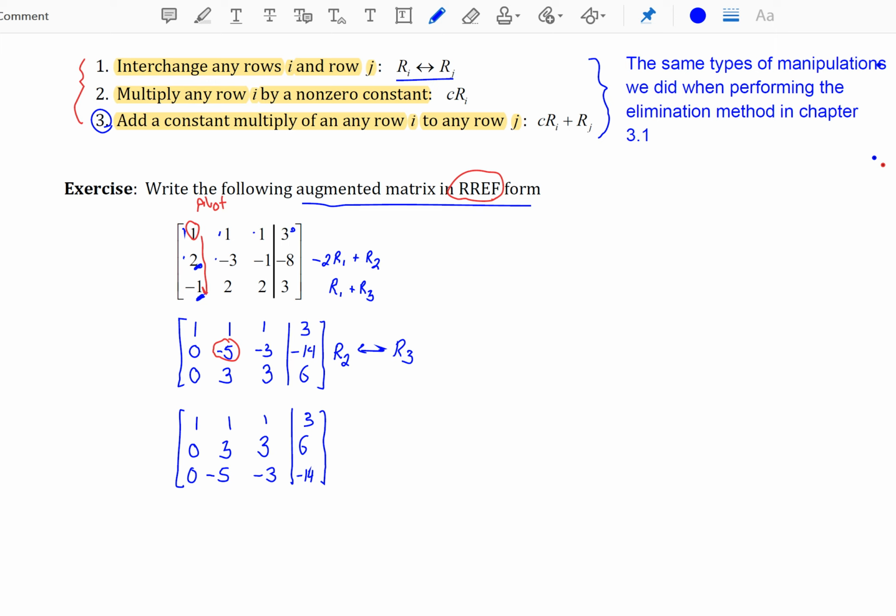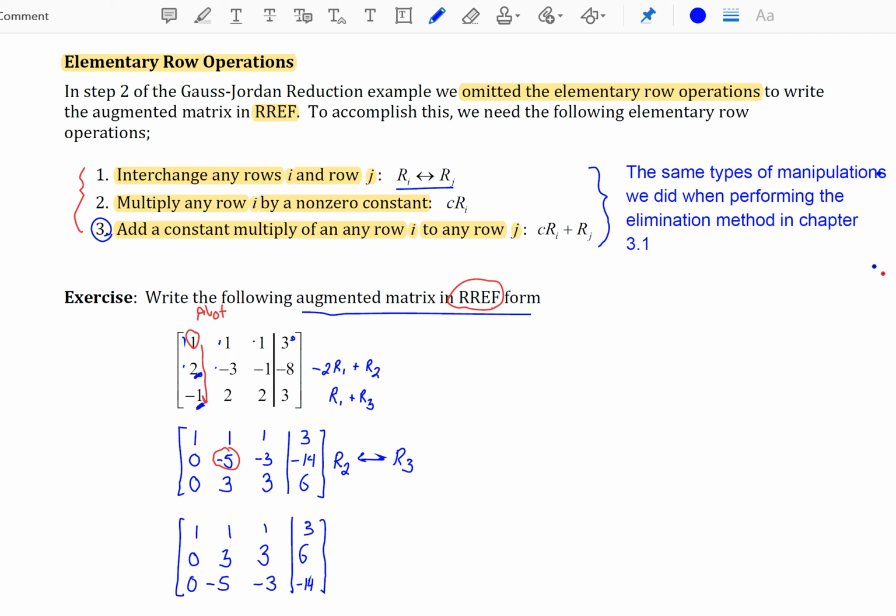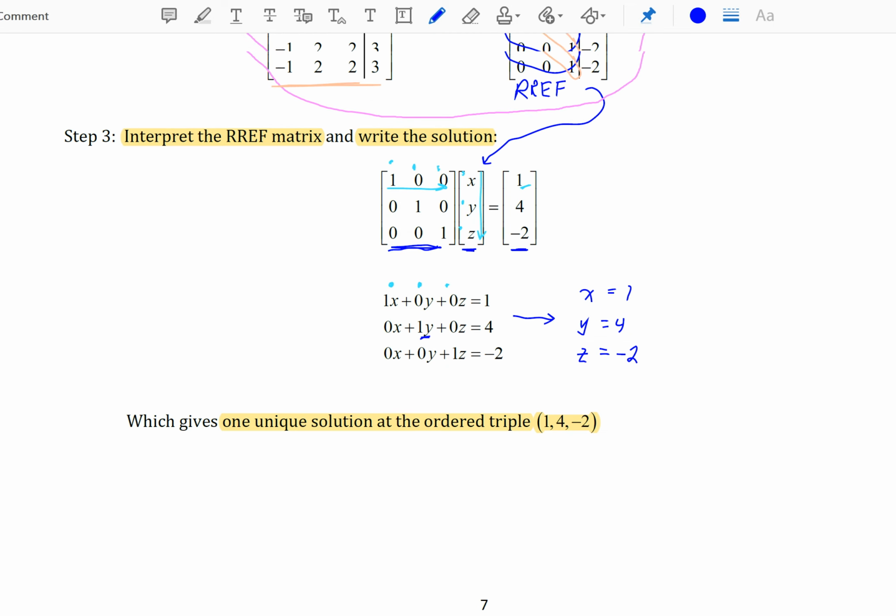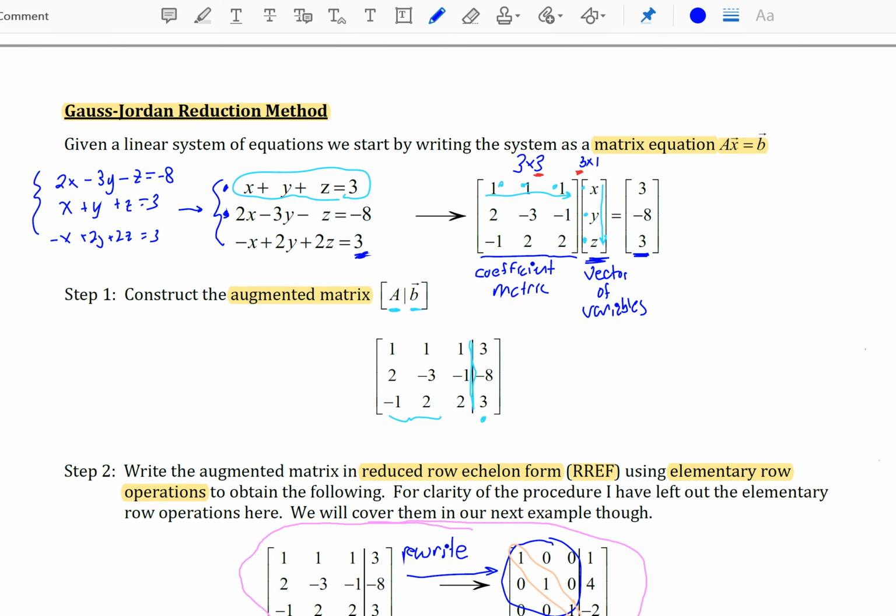Switching these 2 rows like we did should make sense why I should be able to do this. If we scroll back to our original system of equations that we started with, maybe it was arbitrary that we decided to switch these 2 rows. So I'm just changing the order of them.